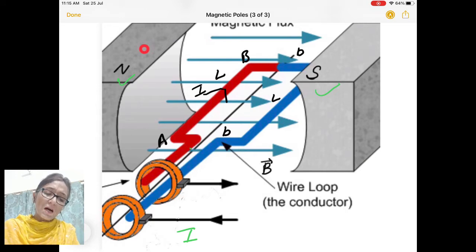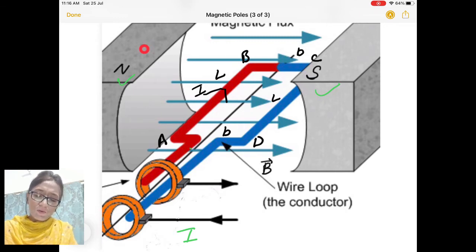Let me name the arms A, B, C, D. So the force on arm AB: as we know, when any wire is placed in a magnetic field, it experiences a certain force, the Lorentz force.